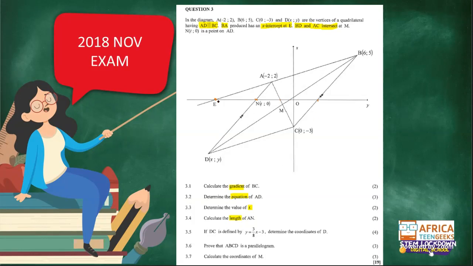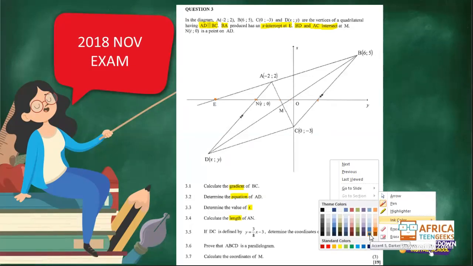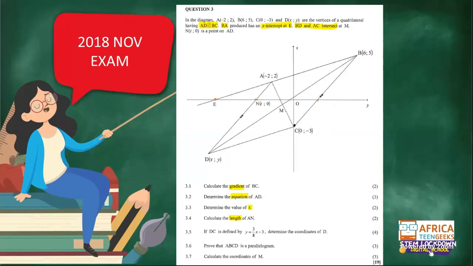Okay, so those are our x-intercepts, and the y-intercepts would be our point C, this point, and the other one.